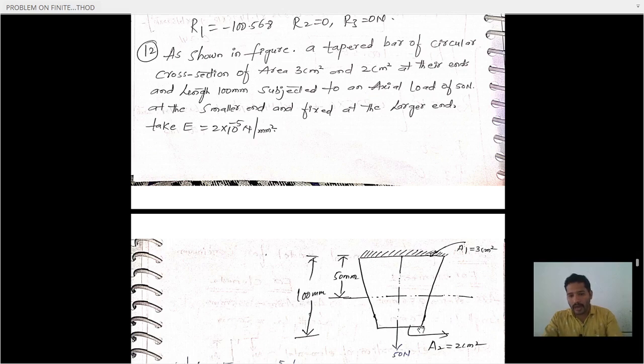This is the smaller end and this is the larger end of the taper bar, okay dear. And the modulus of elasticity, Young's modulus, is given as 2 into 10 power 5 Newton per mm square.